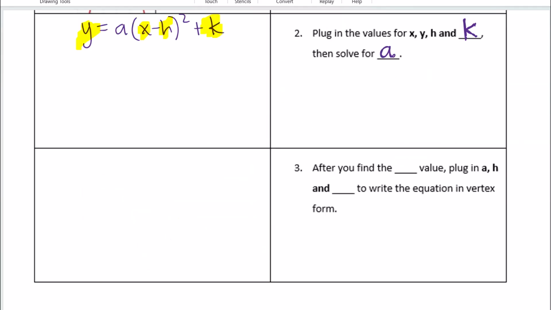So the y coordinate that we found was negative 10. So it's going to be negative 10 equals a, we don't know.